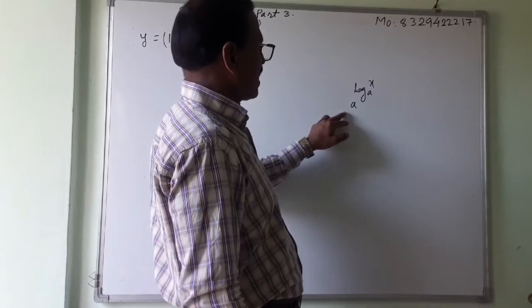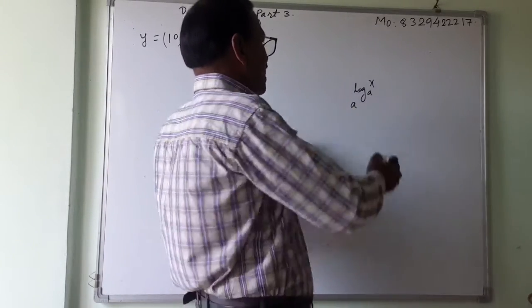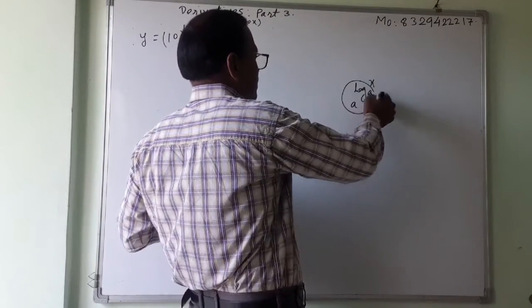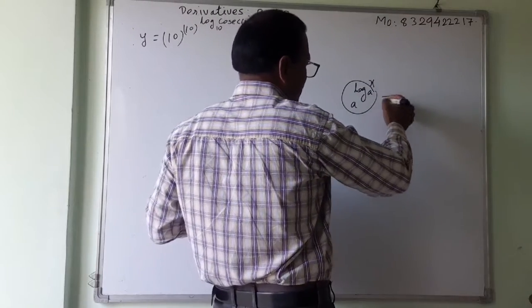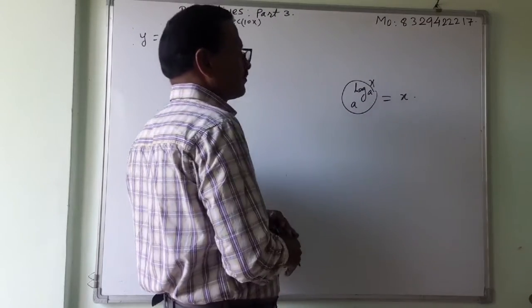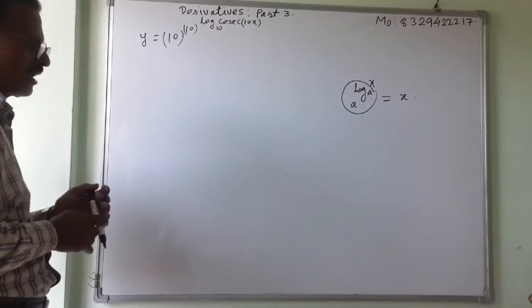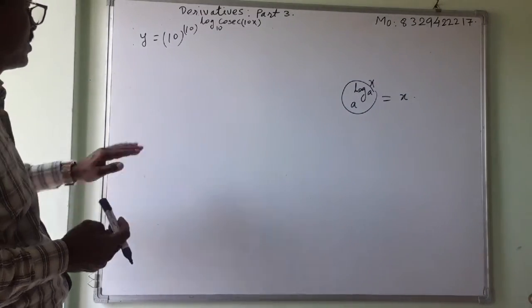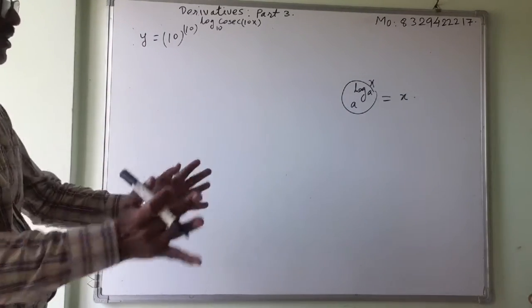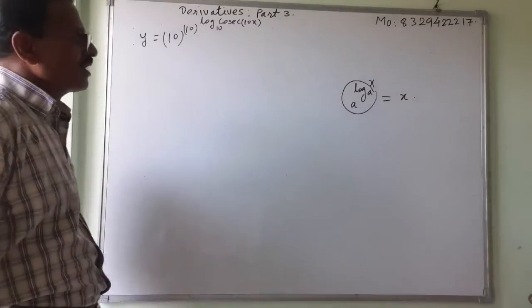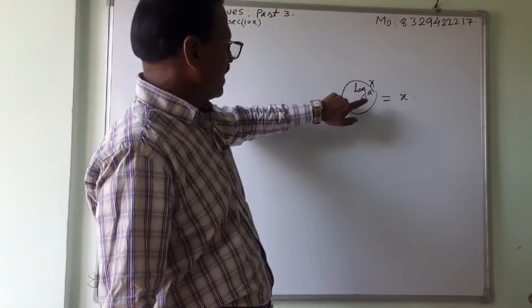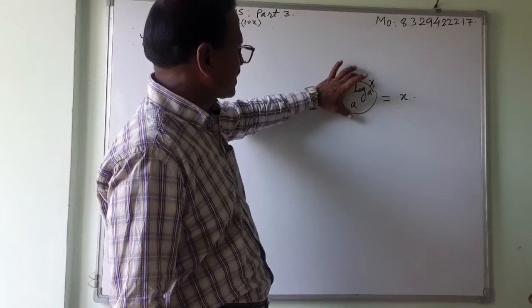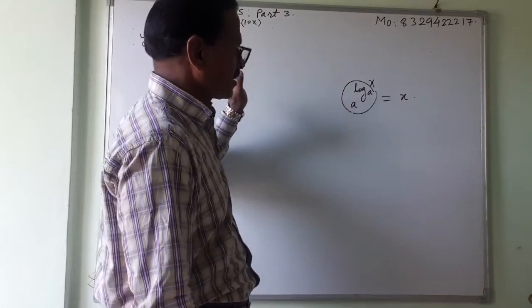If this and this is same, then it will be x. How it has come in the theoretical part, now we don't want to waste the time. It will be all mixture together. So just remember this: log, base, and this is same. That means this gets cancelled, and what remains is x.